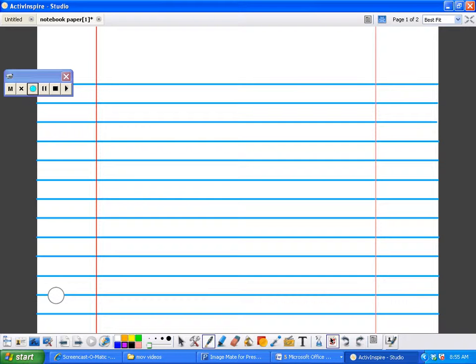Okay, let's look at the next one in your book on page 309 at the top. Look at that one. That is a right triangle. How do you think I'm going to make a right triangle? A perfect right angle.